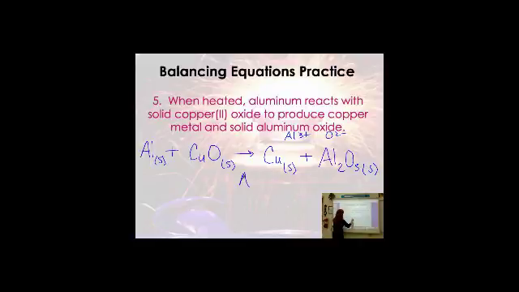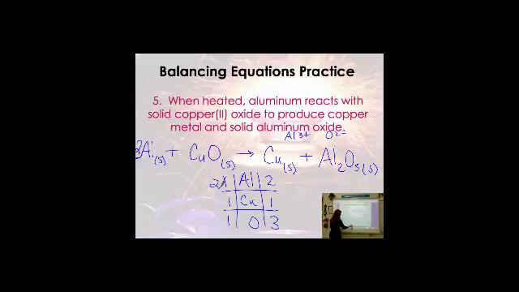Balancing these guys out, I have Al, Cu, and O for my inventory. 1 aluminum, 1 copper, 1 oxygen. On the product side, I have 1 copper, 2 aluminum, and 3 oxygen. If I need 2 aluminums on the left because I have 2 on the right, I can put a coefficient of 2 out here, and that changes that.